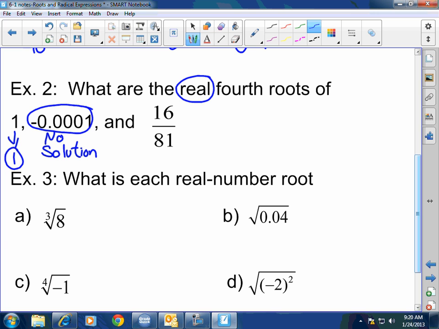You can never multiply anything together of the same number to give you a negative. Negative 2 times negative 2 is positive 4. Nothing times itself will ever equal a negative. Negative 1 times negative 1, positive 1. Negative 2 times negative 3, positive 9. You can never have a negative radicand in an even root.